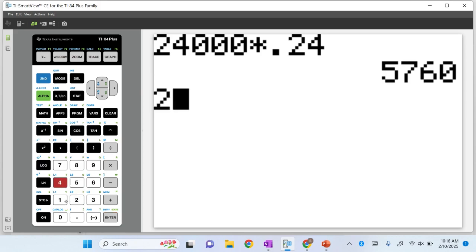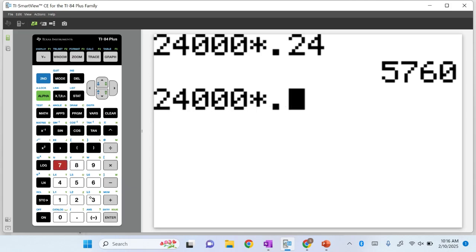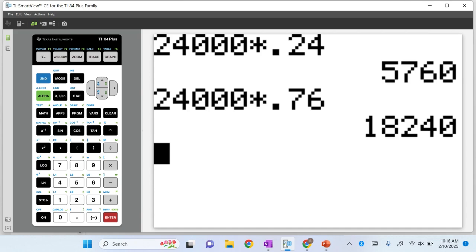So whatever 76% of 24,000 is, or 24,000 times 0.76, that's how much money I have left in my account after the first month. So I actually have $18,240 left after I take out the $5,760. So guys, that's not just a math thing, that's just logic.